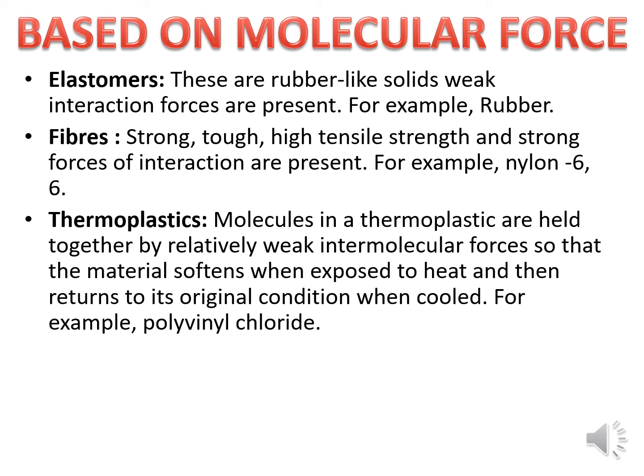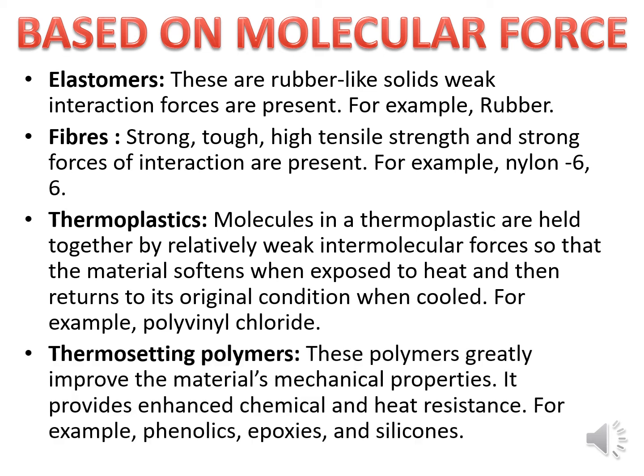For example, polyvinyl chloride. Fourth, thermosetting polymers. These polymers greatly improve the material's mechanical properties. They provide enhanced chemical and heat resistance. They cannot be reshaped by heating. For example, phenolic, epoxides, and silicones.